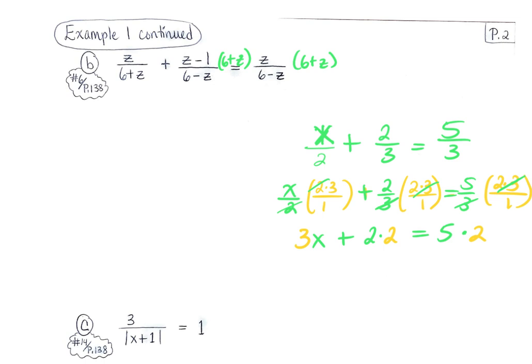Absolutely. Yes, that's what we do. Yes, you can applaud because it was good. Okay, you multiply everything by 6 plus z times 6 minus z. So that's what we're going to do. Okay?